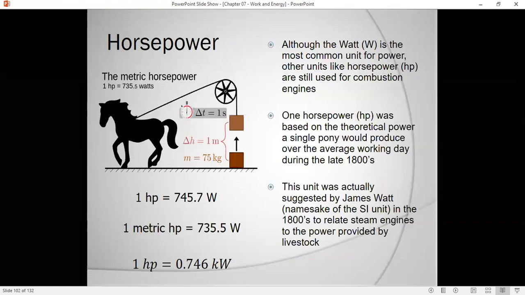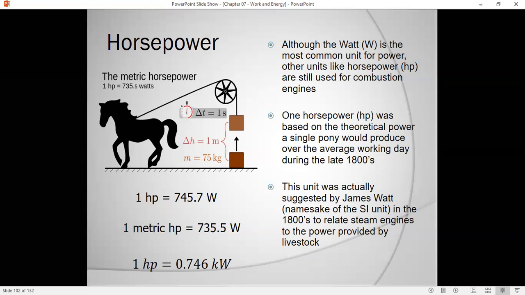All right. Now, that's not usually the way that we rate the power output of car engines in this country. We are stuck with our old US customary units. But fortunately, the horsepower and kilowatts are actually pretty close in size, okay?